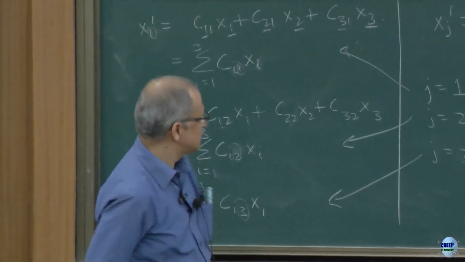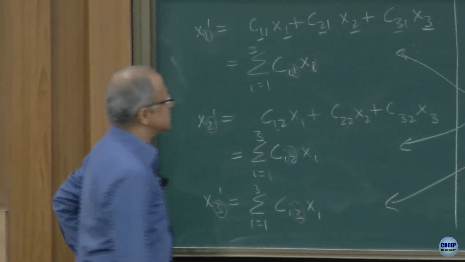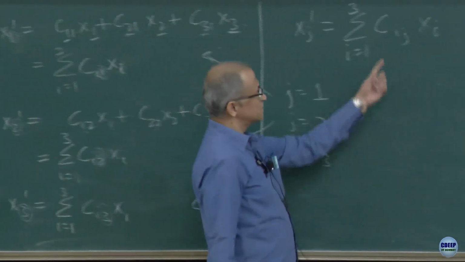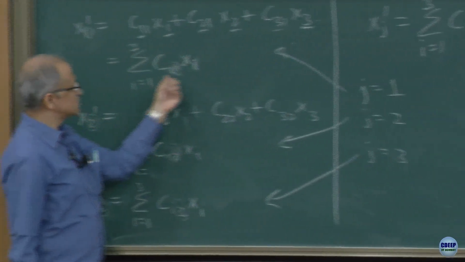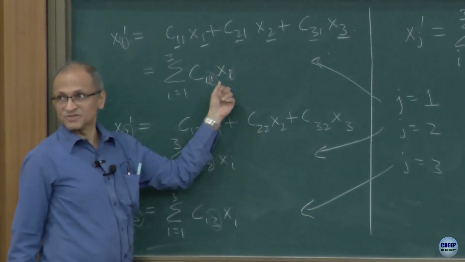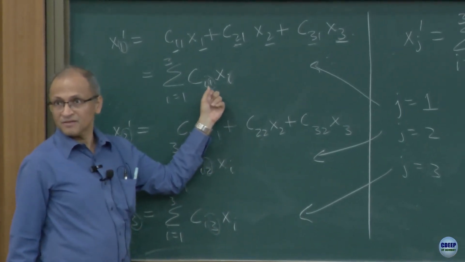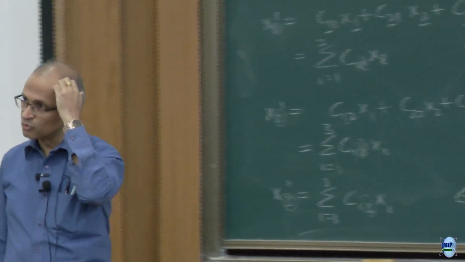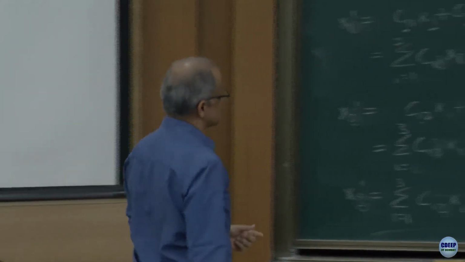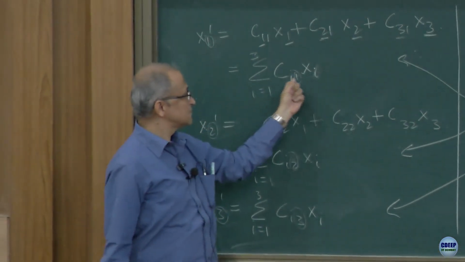So if I now look at the indices, there are two types of indices we have introduced in the process. One was i, and what was interesting about i is that we need to add up over i. And how do I know that? Because i is appearing twice. It is appearing in C i1.